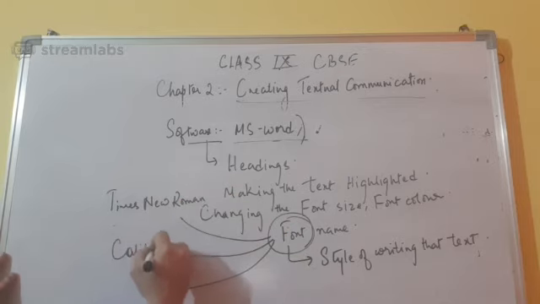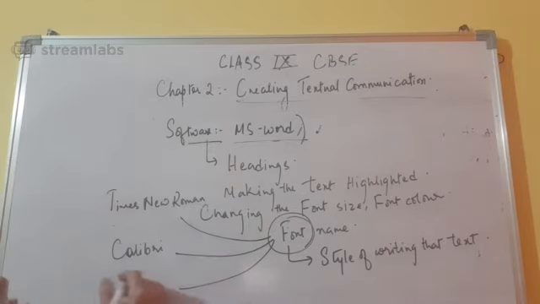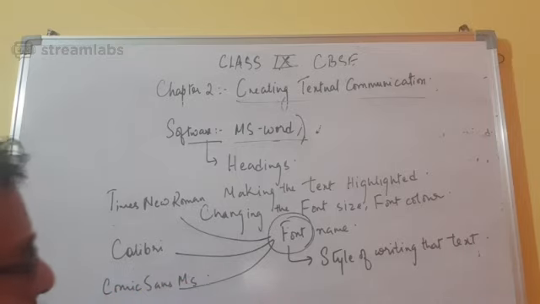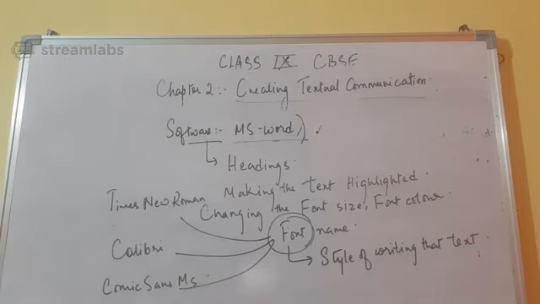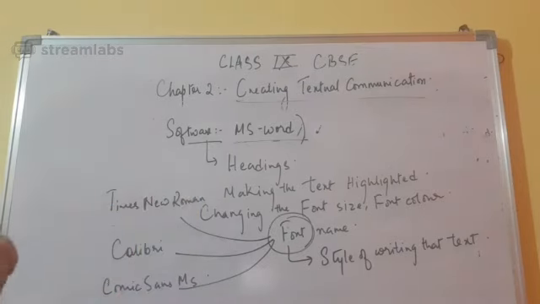You will be finding that 50 to 60 kinds of fonts are there, or more. Then your Comic Sans MS. Okay, this facility which you are getting in application software called MS Word makes your textual communication more effective. So I hope this is clear to you.